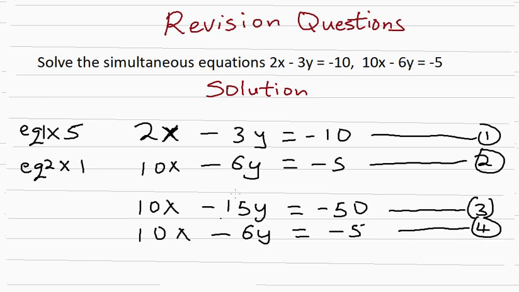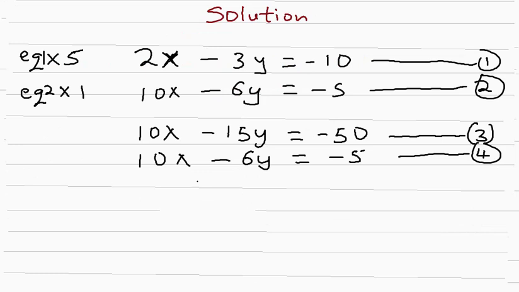So now it is easy for me to eliminate. I will eliminate by subtracting equation 2 from equation 1. If I subtract equation 1 minus equation 2, it will help me to eliminate x. 10x minus 10x will give me 0. So x is eliminated and I'm left with y.